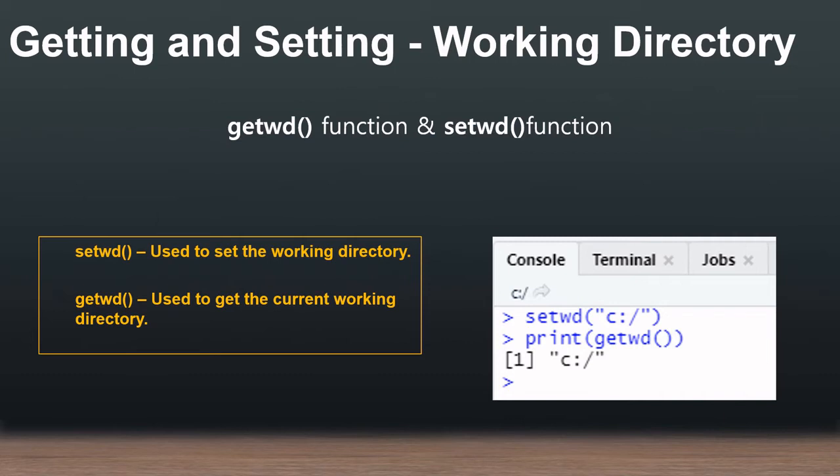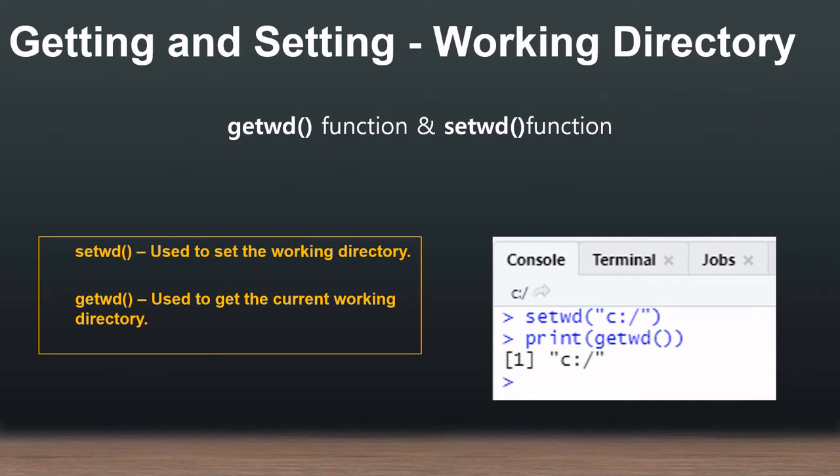In R there are two functions, setwd and getwd. These two functions are very useful when handling files in the R programming language. First is setwd, which is used to set the current working directory. However, getwd is used to get the current working directory.